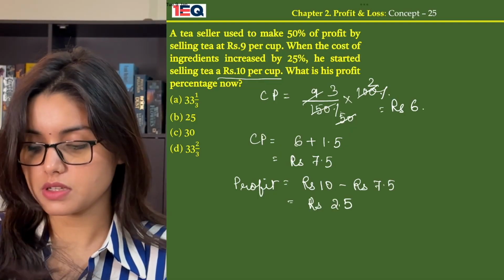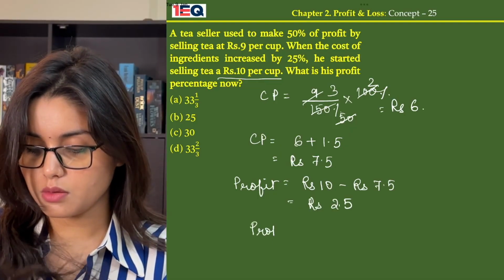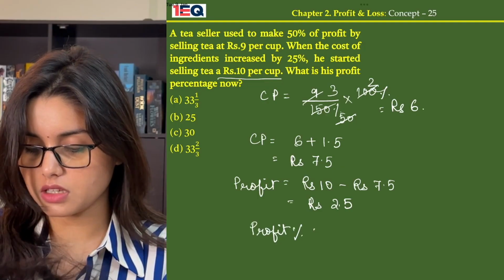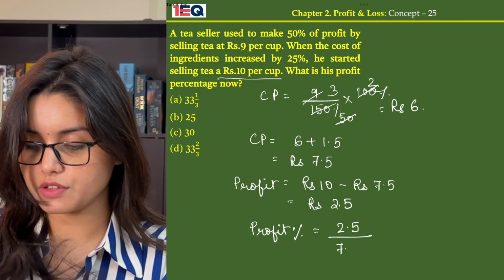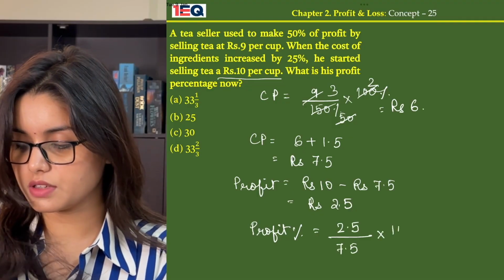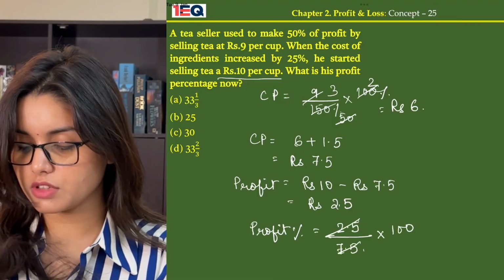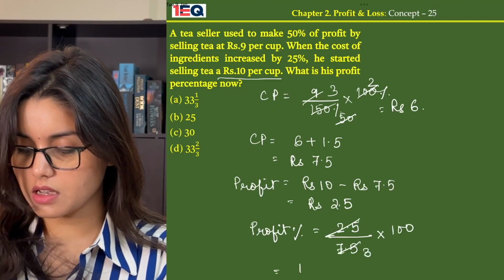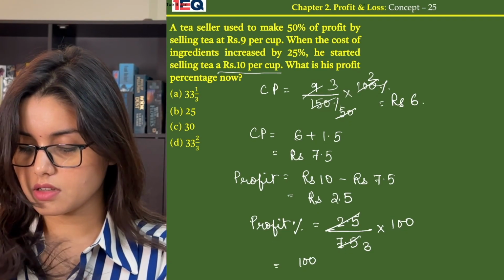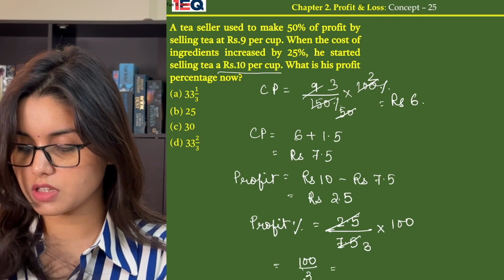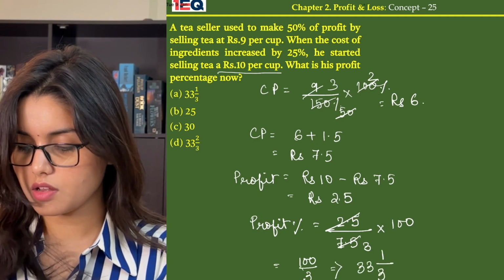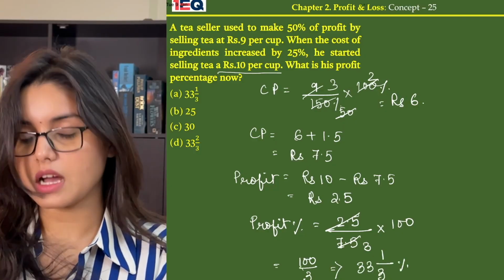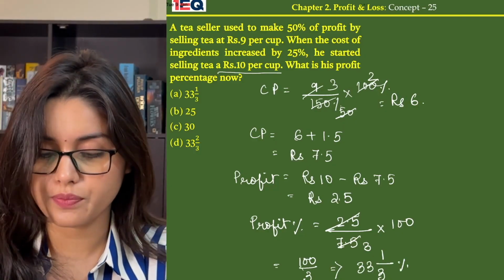And then the profit percentage is 2.5 by 7.5 into 100. On dividing, we get 3, that is 100 by 3, which gives us 33, 1 by 3%. So our answer to the question is option A.